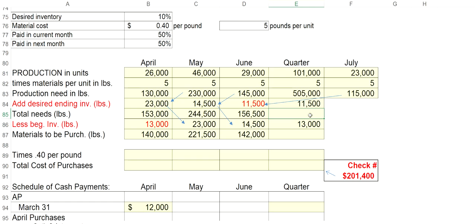Okay, to finish it out, I'll go vertically, add 505. Try that again. Add 505 plus 11,500. And then 516,500 minus 13,000. Now it says the cost is 40 cents a pound. So I'll put 40 cents across the board.